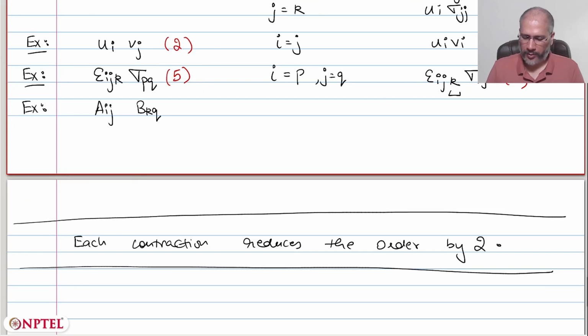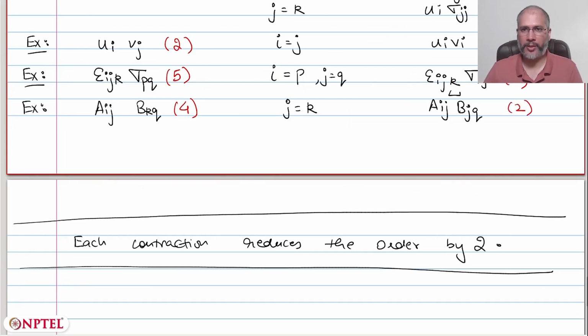So the outer product is A_ij B_kq, where A and B are second order tensors. So the order of this is 4 because we have 4 free indices. Now I'll apply one contraction, which is j equals k, and this results in the expression A_ij B_jq, which has an order of 2.